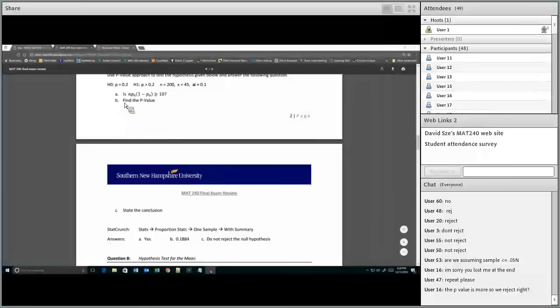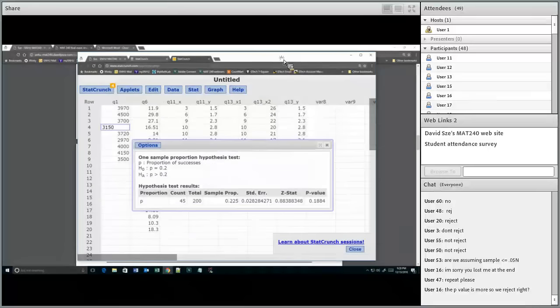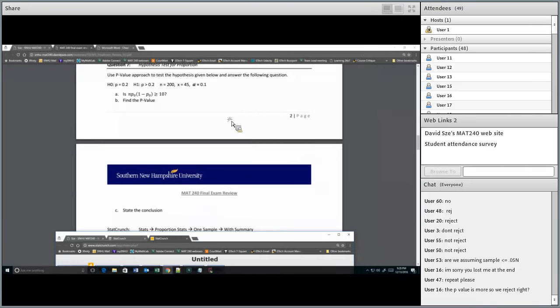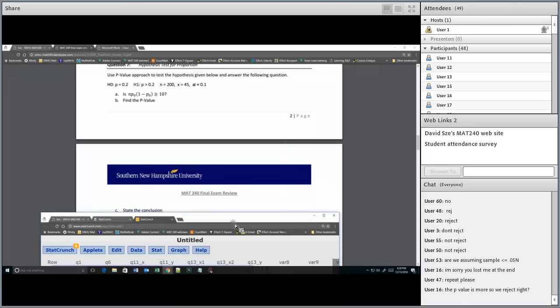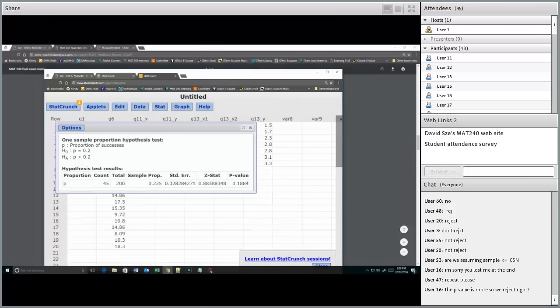Okay. Now I have to find the p-value. Again, we tested in the hypothesis test here. Remember, we found the p-value to be 0.1884. So that's your p-value for this test. And then you have to state your conclusion. We said if the p-value is greater than alpha, we cannot reject the null hypothesis.